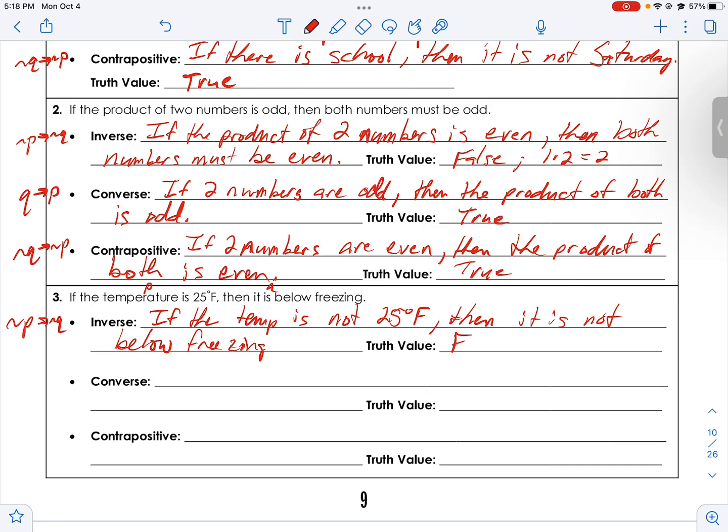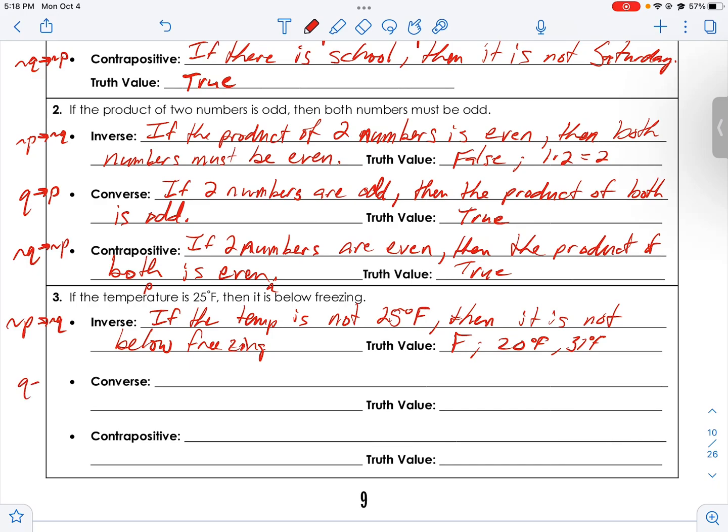And that would be false, because freezing is actually at 32 degrees Fahrenheit, so it could be 31 or 30 or 29 or 28 or 20. It could be any of those. It could be 20 degrees, right? We could say it's 20, or we could say it's 31. It could be anything as long as it's below 32. So not being 25 doesn't make that correct.